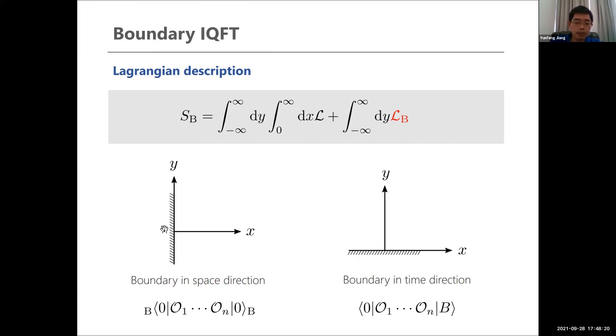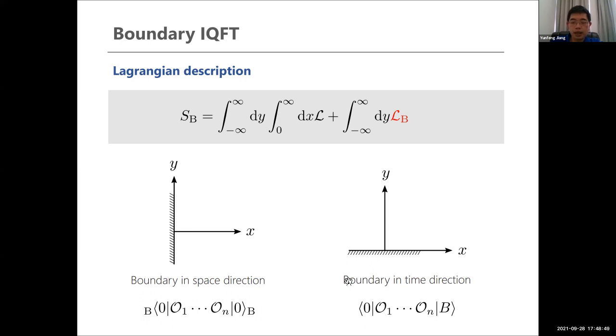For example, if you place the boundary in the space direction, like here, then the boundary enters as boundary conditions for your fundamental fields and other quantities. Suppose you want to compute an m-point correlation function, then you just sandwich this operator between two vacuum states, where this vacuum state is defined as the vacuum state of the half line.